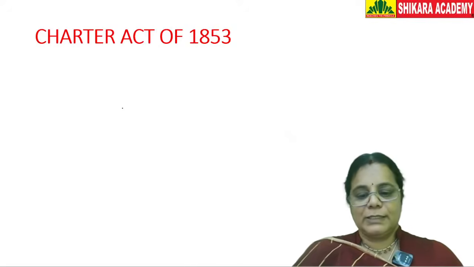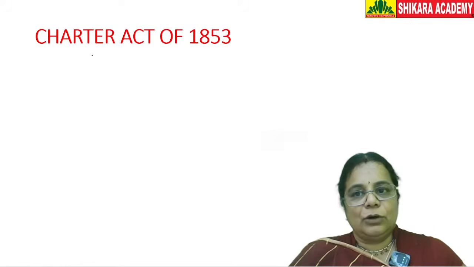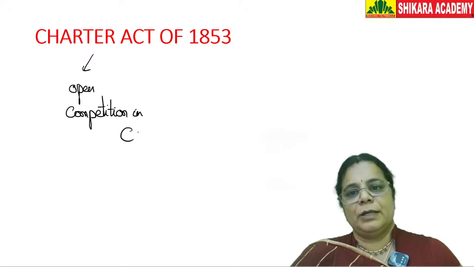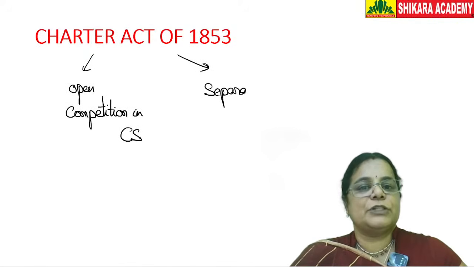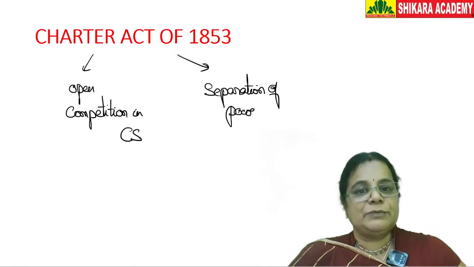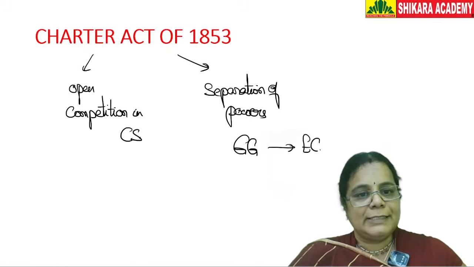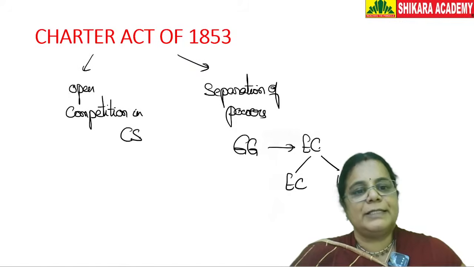Now, moving forward, what does the 1853 law say? Basically, the 1853 law introduced open competition in civil services. Very, very important. And more important than this is, for the first time we have seen the introduction of separation of powers. Within the Governor General's Executive Council, they divided it into Executive Council and Legislative Council.